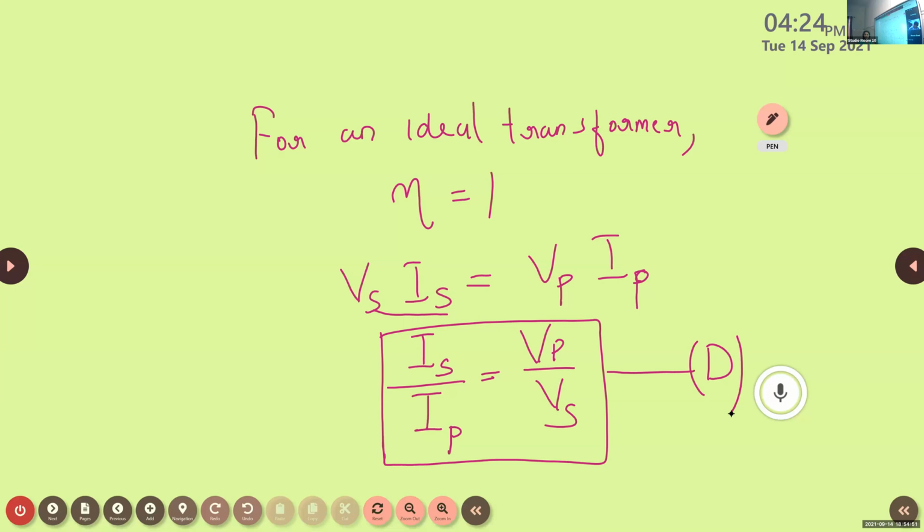For an ideal transformer, the efficiency eta is equal to 1. That is, the electric transformer with output power is equal to that of input power. So VsIs is equal to VpIp.